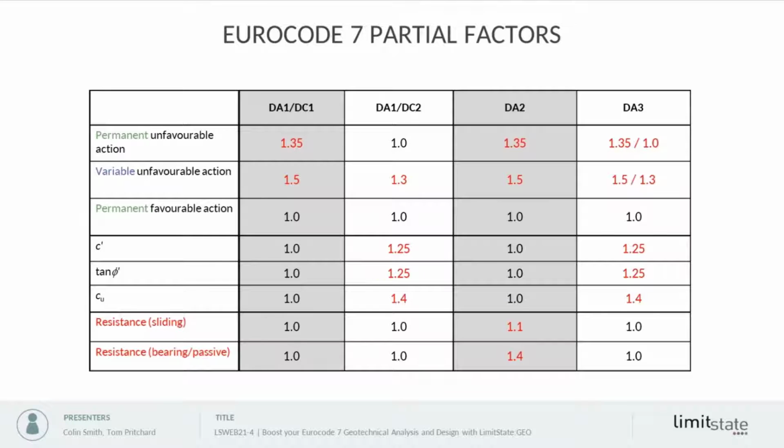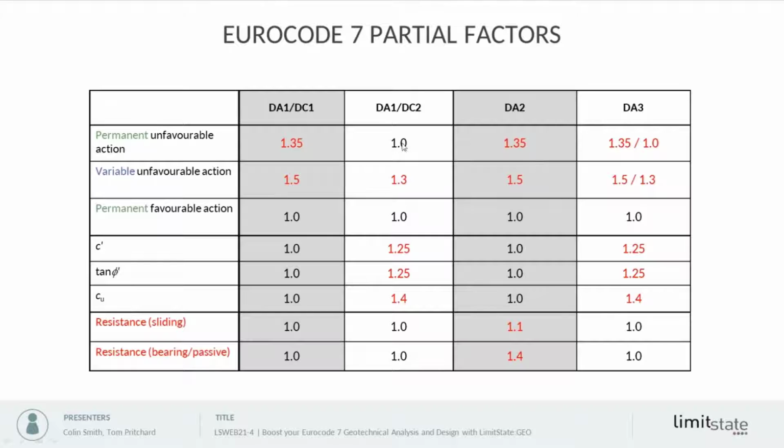And if we look at the table of Eurocode partial factors, I'm assuming prior knowledge of these, we can see that we have essentially 4 design approaches or combinations that are available to us in Eurocode 7. I've grayed out the ones that are less relevant. The ones that are left in white are essentially material factoring approaches.